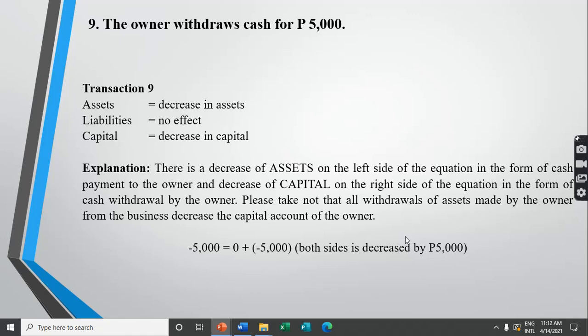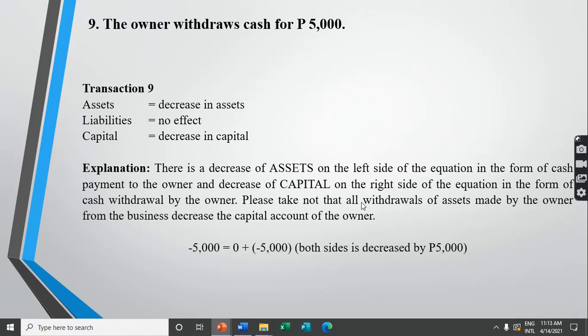Ayan. Nag-withdraw kasi si owner ng pera niya, which is 5,000. Kaya nabawasan din yung capital niya for personal use kasi yun. Okay? So, both side decrease 5,000.